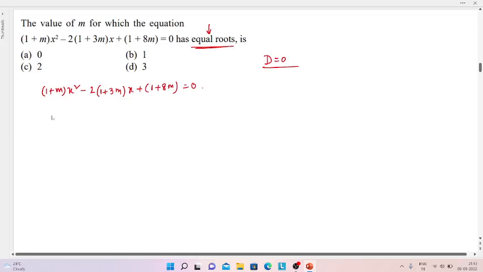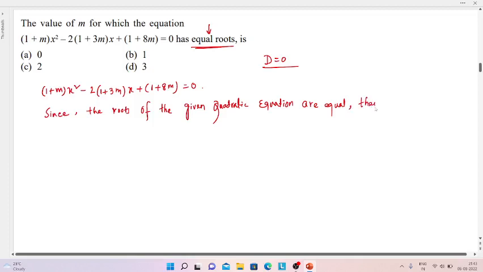So since the roots of the given quadratic equation are equal, then D equals 0.